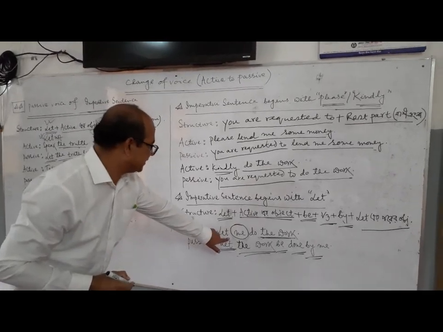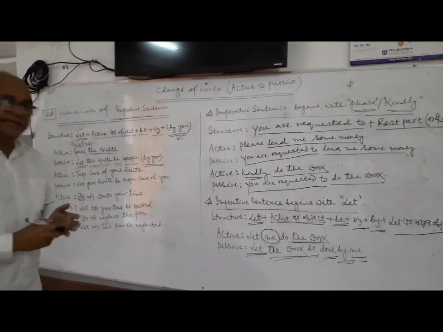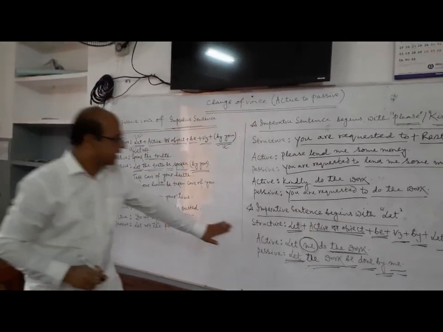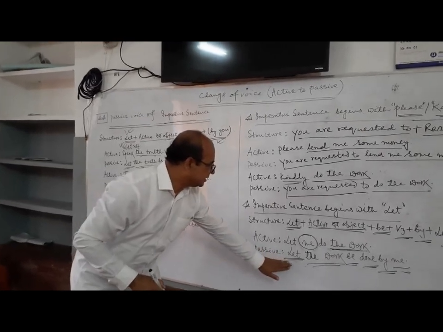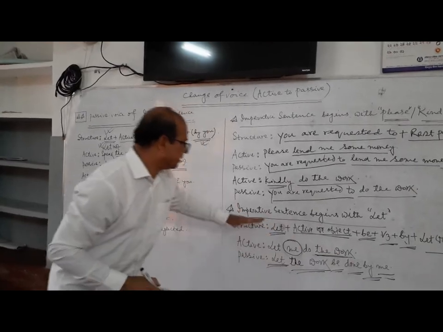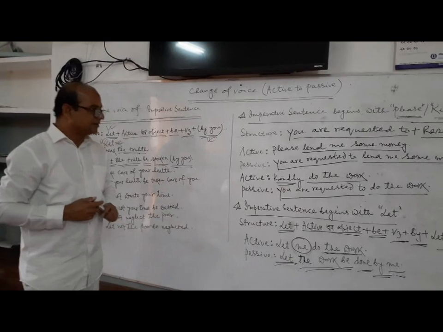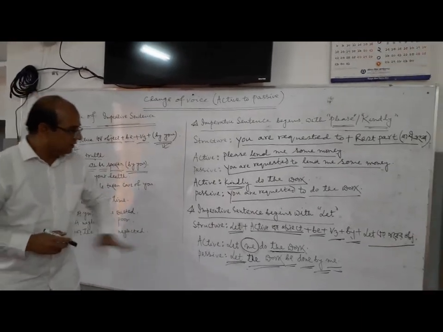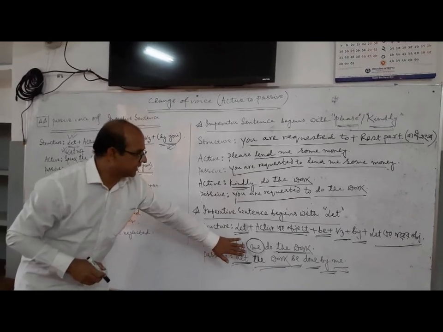I have written this me here. So, what have I done finally? Let me do the work. I have written, let the work be done by me, by following this structure. Okay, so I think this structure will help you to do it correctly.